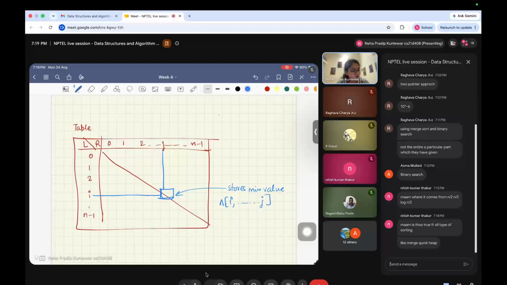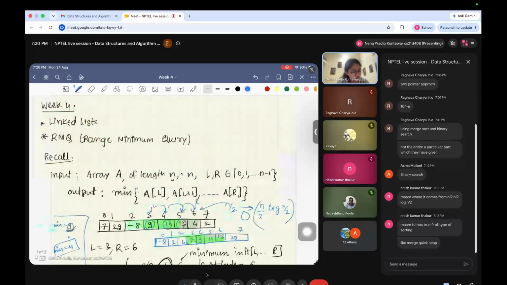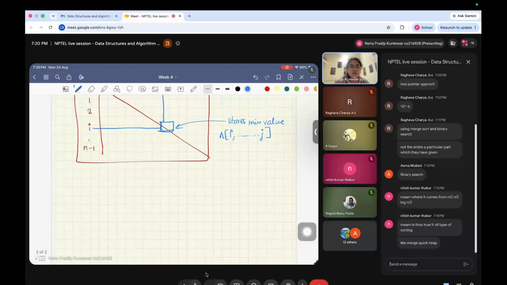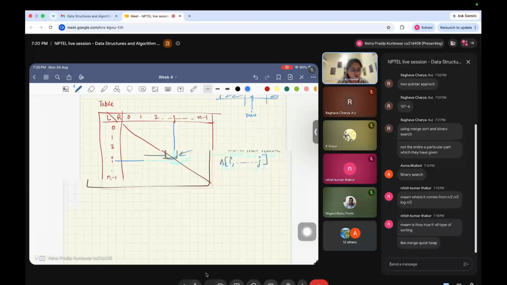So within that entire array, you're only looking at this part, discarding everything else, and finding the minimum here. If I had this table where all the values are stored, what would you do? How much time would it take now?